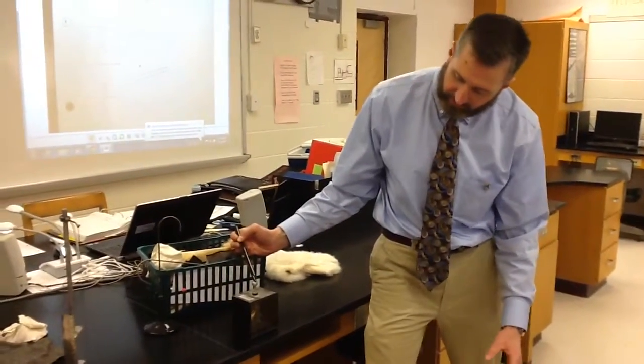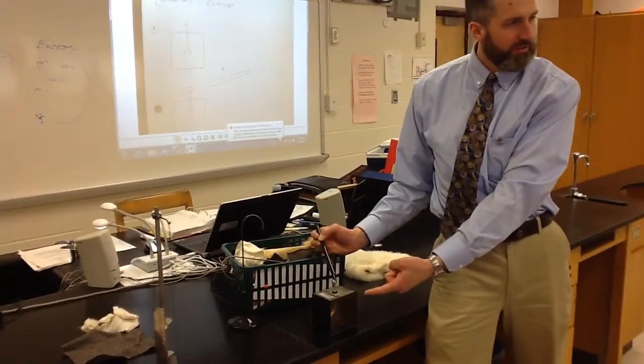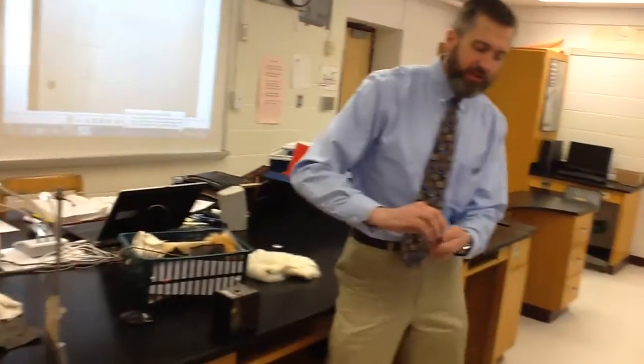Now, as I touch this, why do the electrons go into the gold foil? Well, it's a simple concept. Remember we said in the beginning, electrons or negatives don't want to be near other things that are negative, right? So if you're a negative and I'm a negative, we are repelled from one another.